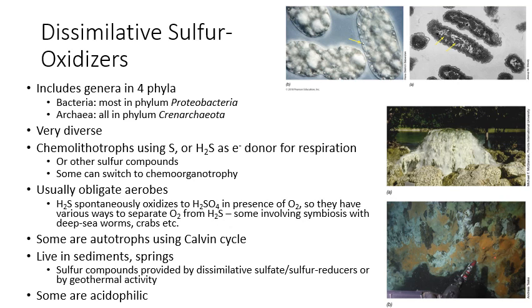So if you have hydrogen sulfide just spontaneously oxidizing, that means the electrons will just directly transfer to oxygen, whereas these bacteria need those electrons to enter the electron transport chain so that they can use the energy of the electrons to pump protons and get energy.